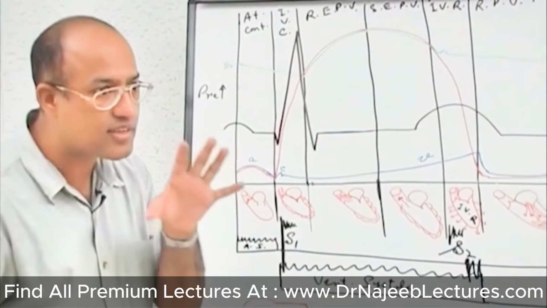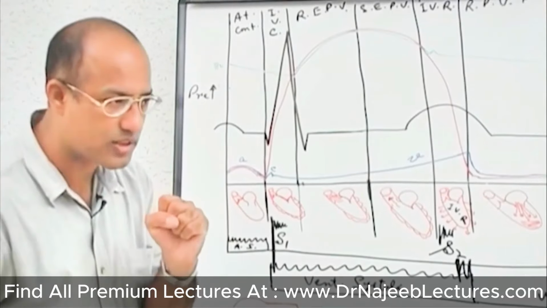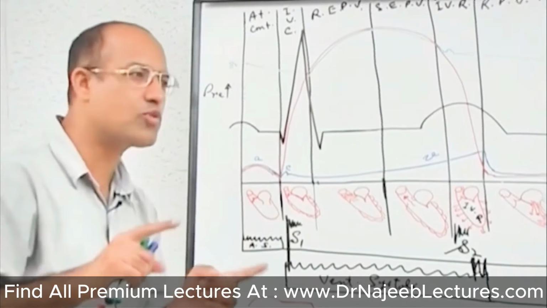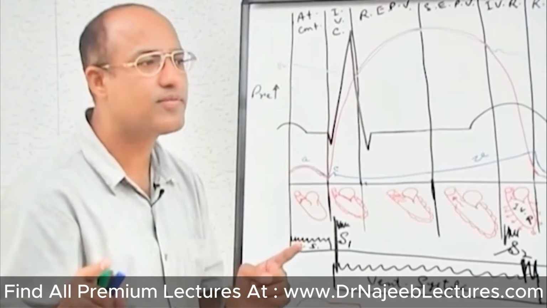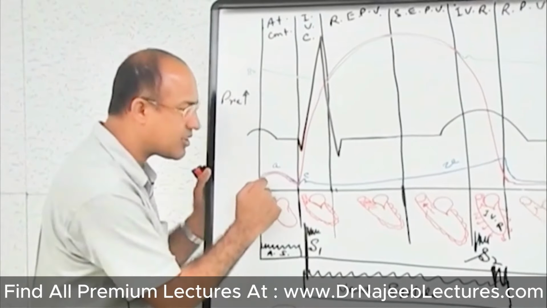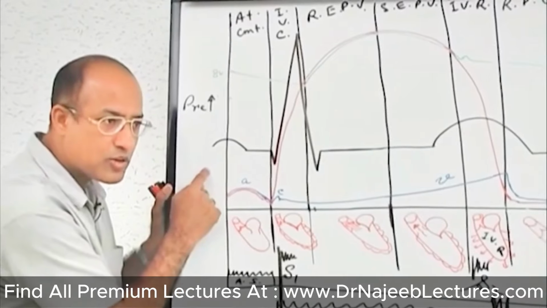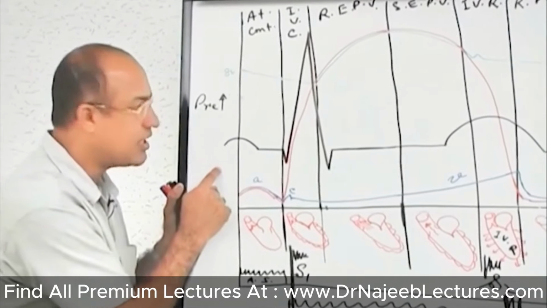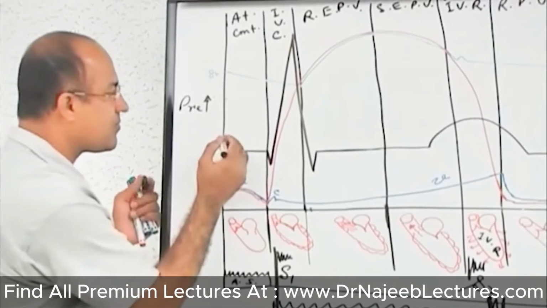First the ventricle is electrically stimulated, then the ventricle undergoes mechanical contraction. So in the heart, first you have to remember that there is an electrical event and after that there is a mechanical event. Now, if I say that atrial contraction is the atrial mechanical event, then the electrical event should be just before that. So the electrical event for the atria is represented by the P wave. So what does the P wave represent?